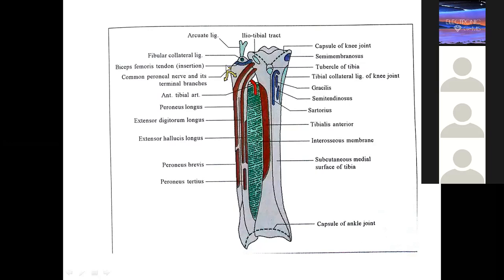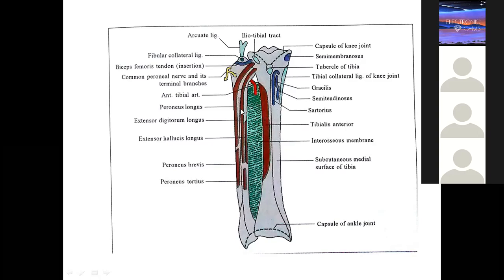The neck is related to the common peroneal nerve laterally, and the anterior tibial artery medially. This is the midline, because tibia is the medial bone, right? Now see here, this becomes the medial surface, isn't it? This black line is indicating the anterior border. Towards the interosseous membrane, between the anterior and interosseous border, whatever surface is there, is the medial surface.